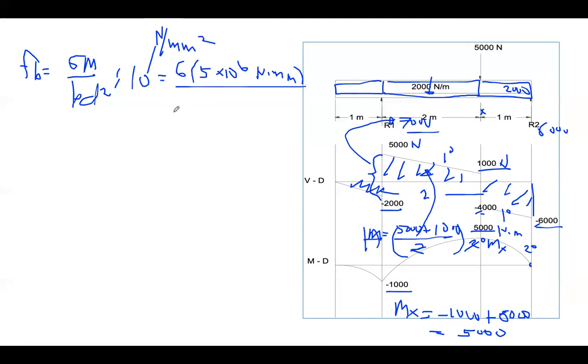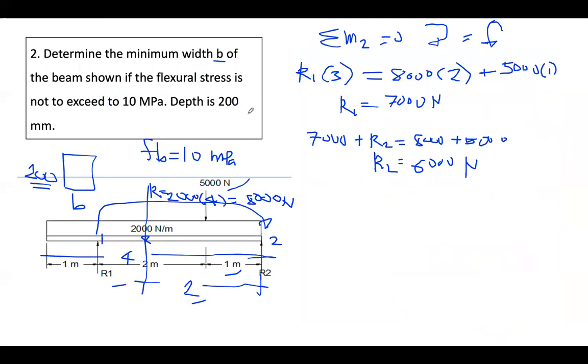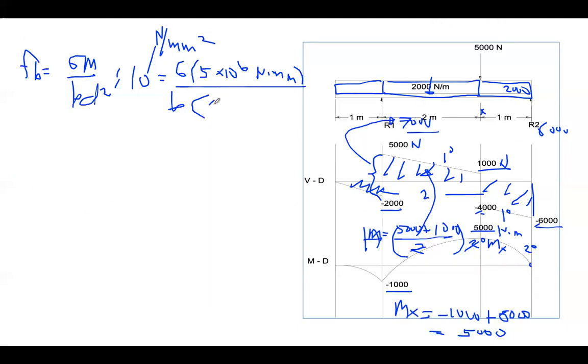Ang tinatanong is B. Anong B? D. Ano yung D? 200 millimeter squared. Okay? So, ang millimeter squared dito magka-cancel out. Newton, ito, magka-cancel out. Ito, magka-cancel out. So, ang remaining na value is B, which is millimeter.